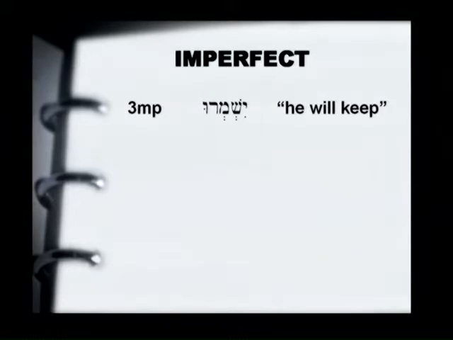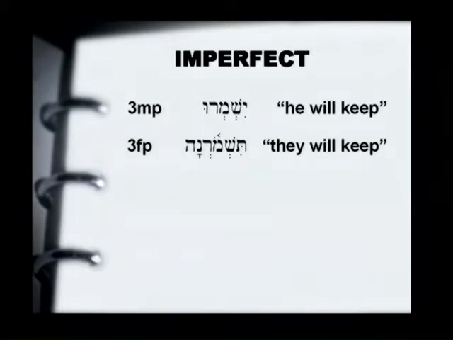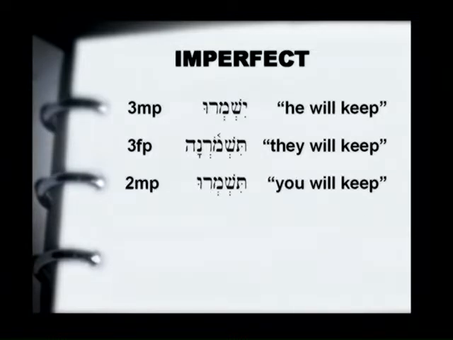In the third masculine plural, we have yishmeru. Third feminine plural, tishmorna. It's the one that becomes very, very different. The very different forms are the feminine forms. In the singular, only the feminine second person has a suffix. In the plural, we have tishmorna used twice, but both of them feminine.